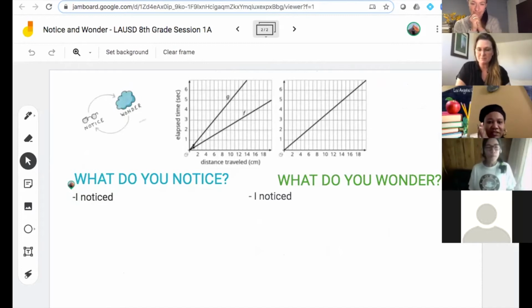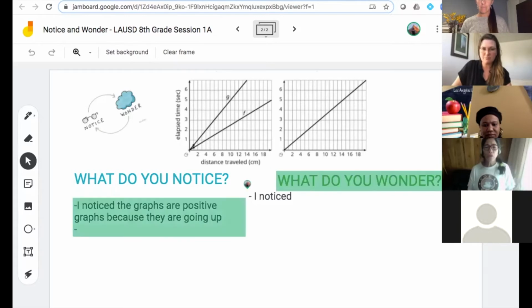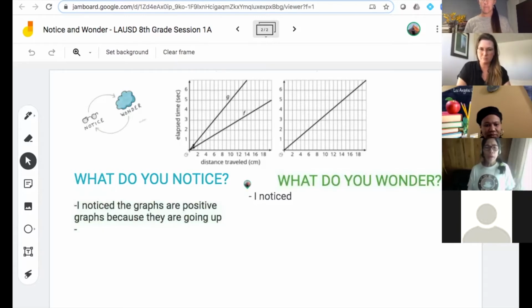I noticed that the graph is a positive graph because they're all going up. Great, thank you. Someone else? Something else you can notice? I wonder why one has two lines and the other one has two, and then it has letters.